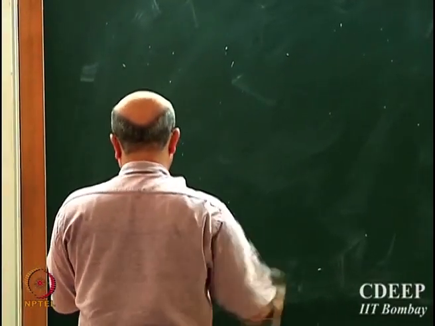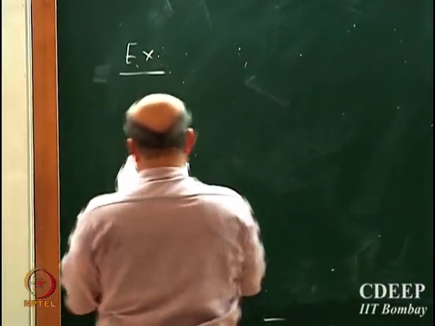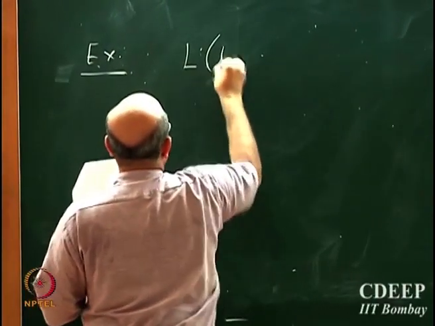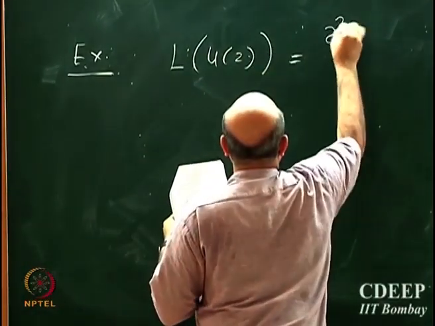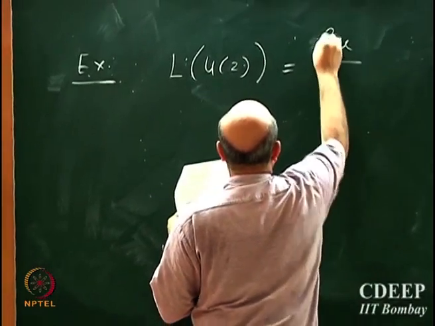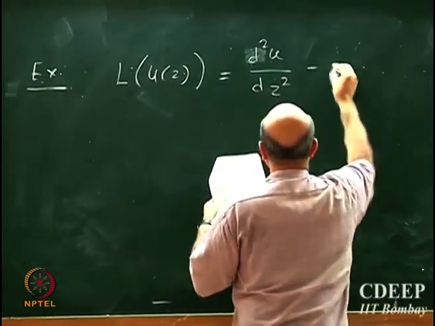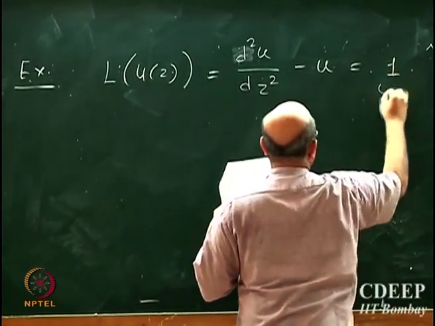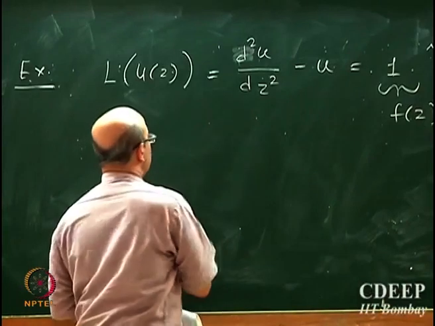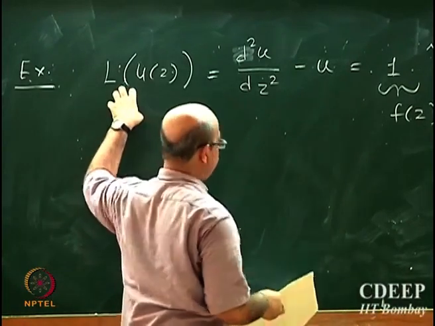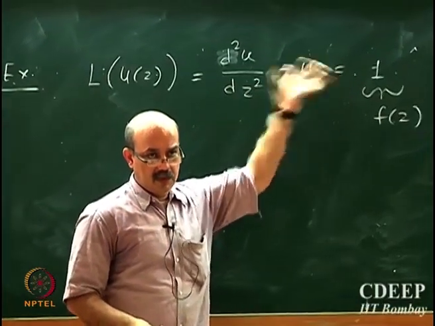I want to solve this problem. My example is L u of z, which is d squared u by dz squared minus u equal to 1. So this is my f of z.